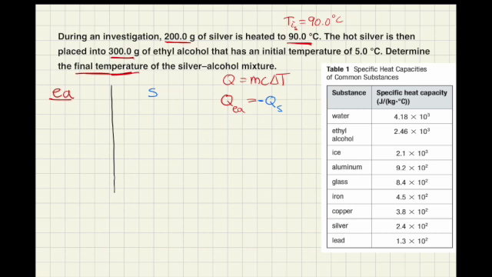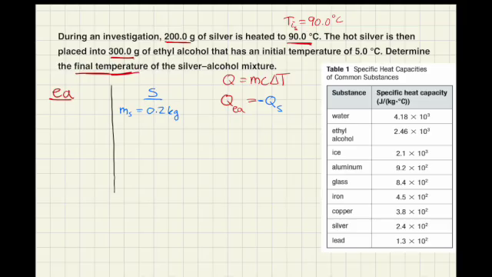So in this case, let's write some variables out. Our silver, we know its mass. It is 200 grams. We need to convert this to kilograms because our formula has mass in kilograms. So that's the first trick right there. Make sure you don't fall for that. 200 grams gets turned into 0.2 kilograms.